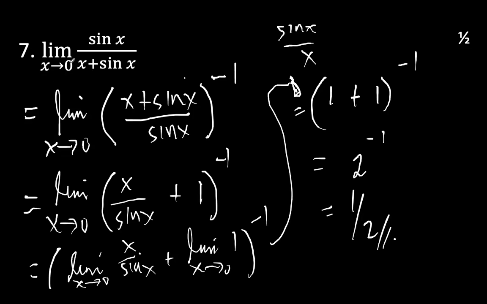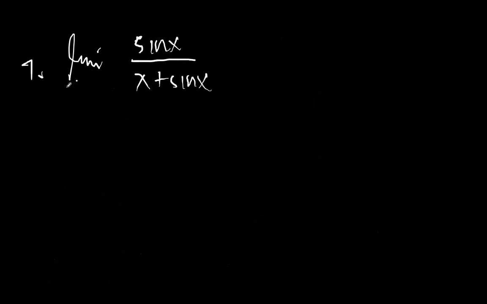Okay, and let's take another method to solve this. In number 7, the problem is the limit of sine x over x plus sine x as x approaches 0. What I can do here is divide both numerator and denominator by sine x, or multiply numerator and denominator by 1 over sine x. So let's multiply.